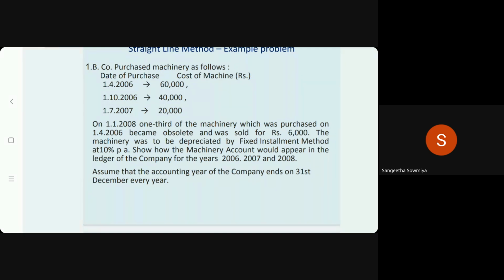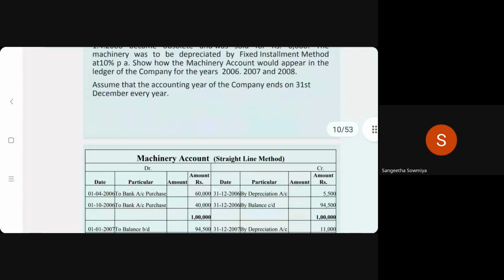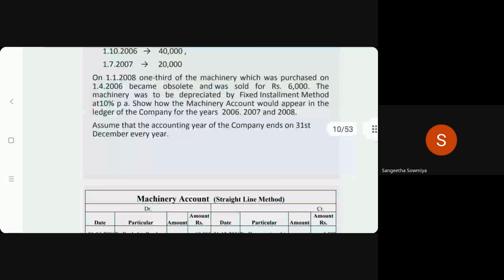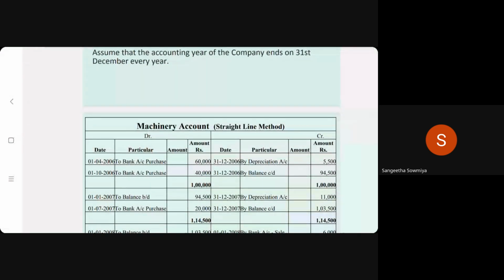That means the amount of depreciation will be the same for every year. That means if you are calculating 10,000, that will be the same for the first year, second year and third year also. Right? So by depreciation, 31/12/2006, 10% of 60,000, one year depreciation will be 6,000.